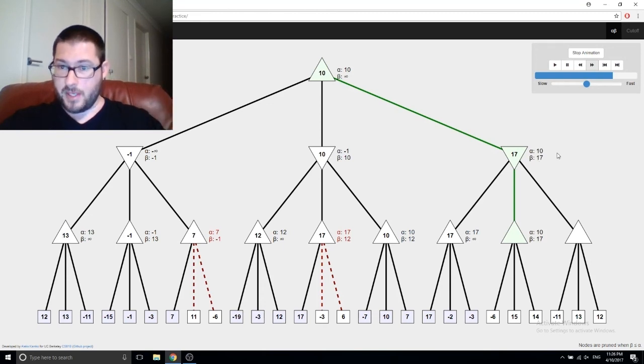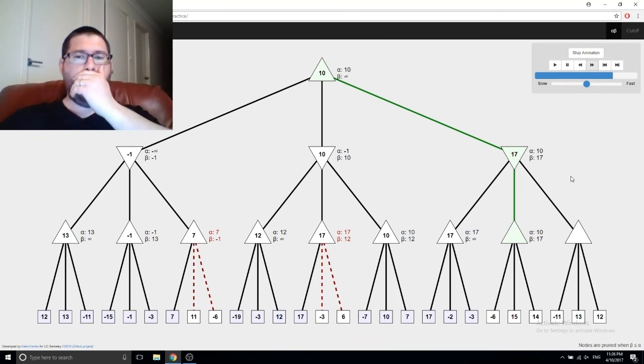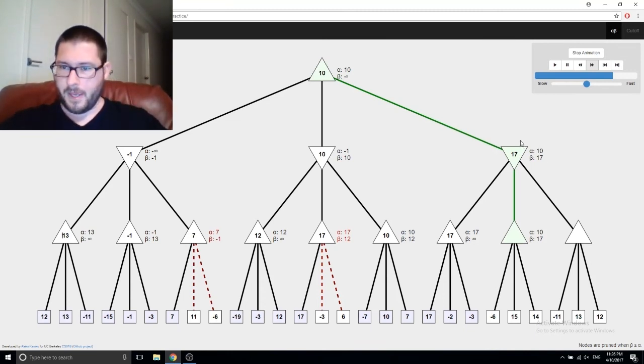Now again, what that means is that in this part of the tree, the current highest realistic score that the parent can make is a 10, and the highest score that this minimizing node will let you take is a 17, because 17 is the only one it's explored.